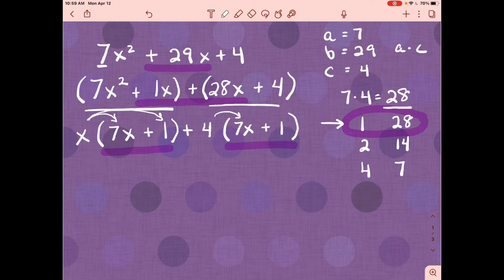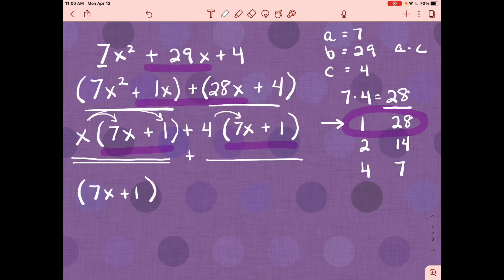Looking at this set of multiplication plus this set of multiplication, the common factor is 7x plus 1. Looking at this, x times 7x plus 1, and looking at this, 4 times 7x plus 1, the common factor between these two things is 7x plus 1.